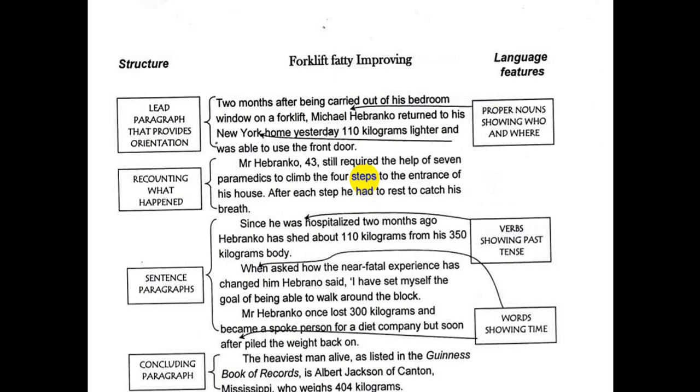Mr. Hebranko, 43, still requires the help of 7 paramedics to climb the 4 steps to the entrance of the house. After each step, he had to rest to catch his breath. As we mentioned, with its structure it's a recount, because something happened in the past and it gives information about the past.